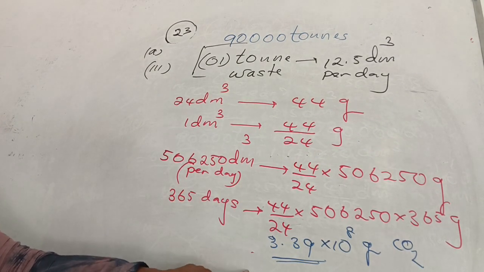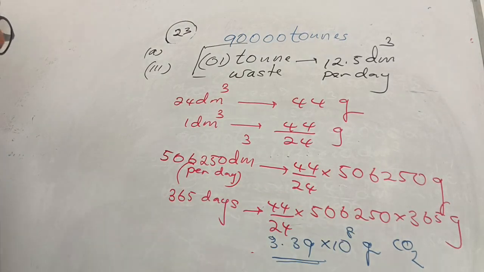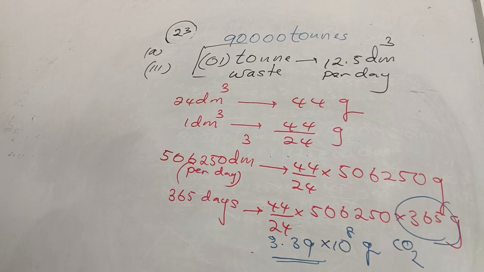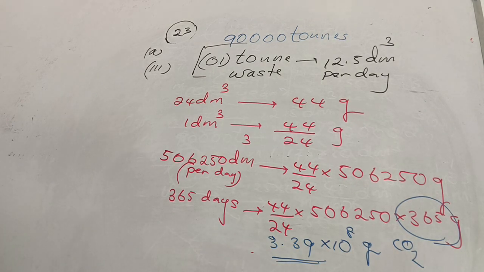As the question asks per year, the mass of carbon dioxide generated is 3.39 times 10 to the power 8 grams within 1 year. It's a huge quantity, which is why we try our best to reduce waste from industrial reactions, as well as waste generated from polythene or polymer products.